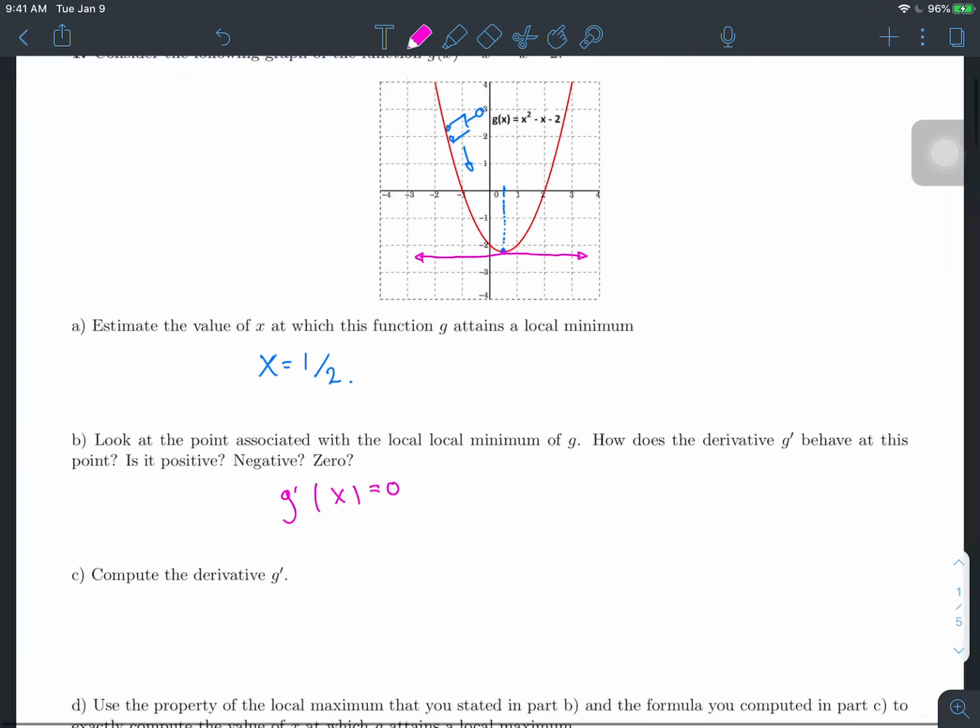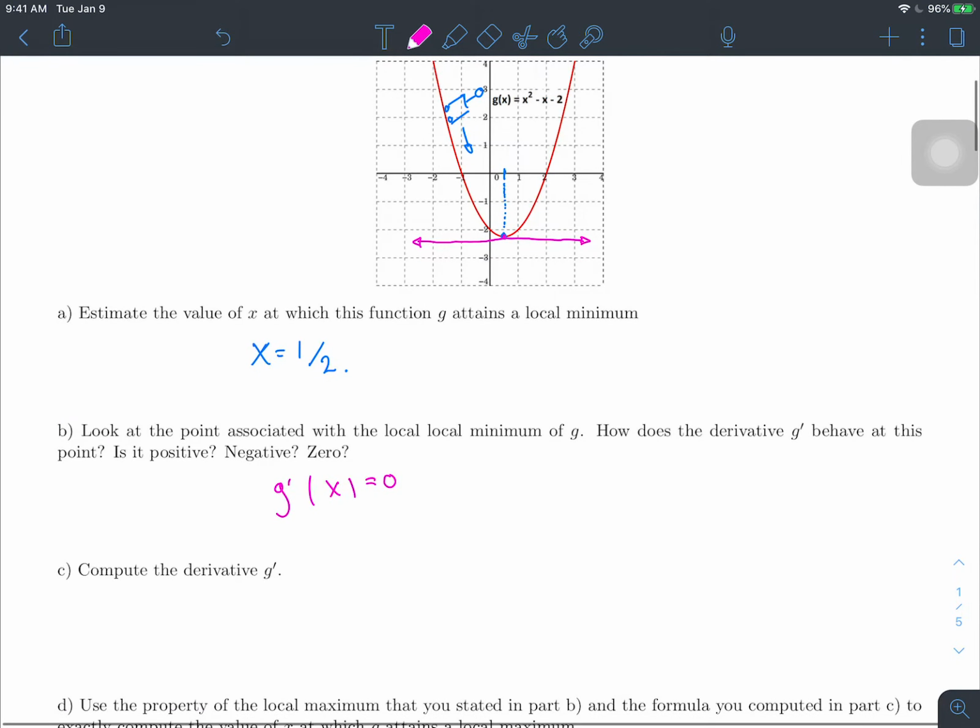All right, so let's compute the derivative of g and actually check. If g is equal to x squared minus x minus 2, then g prime should be equal to 2x minus 1. That's a pretty standard application of taking the derivative of a polynomial.